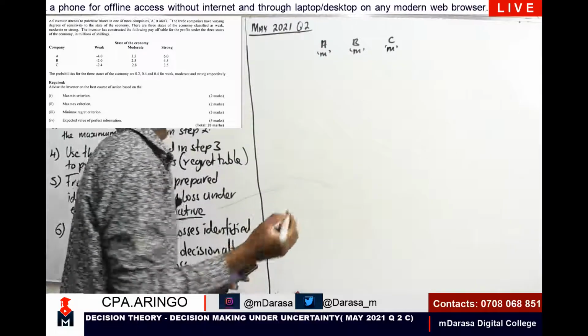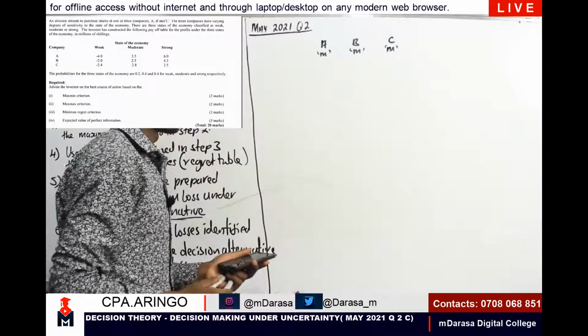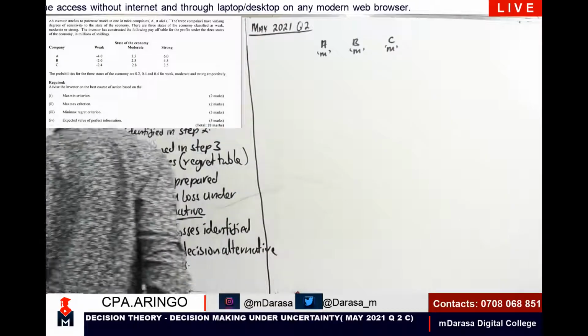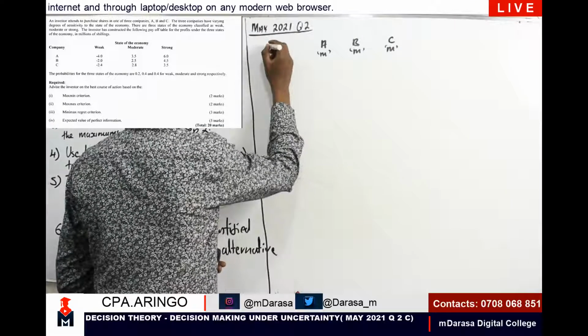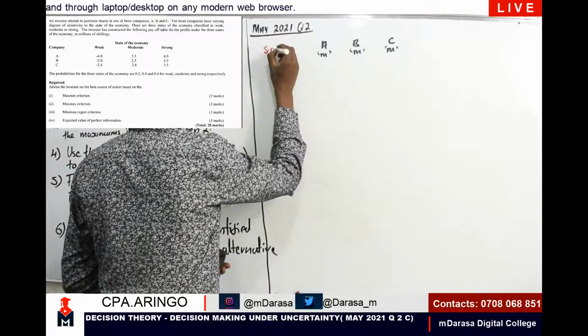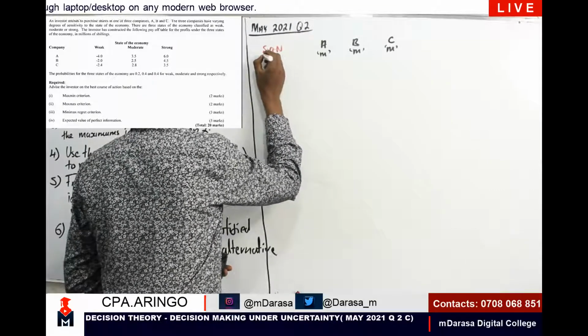Then talk about our state of the economy, or rather state of nature. This is what was given.